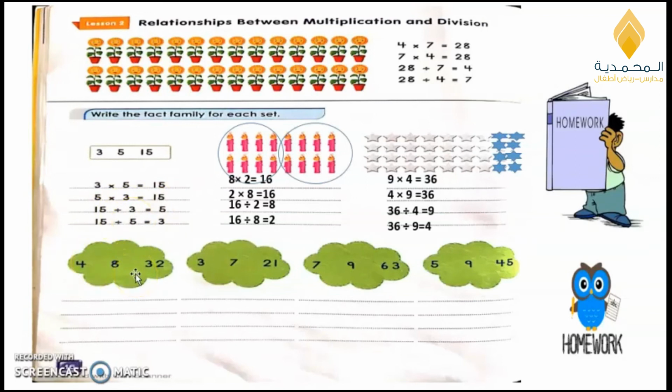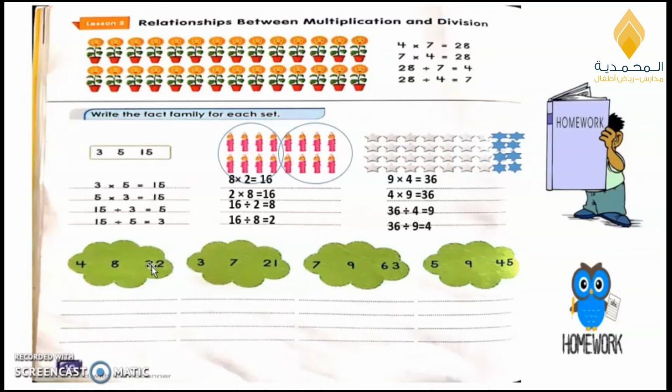So I will give you homework, students, to do these 4 questions. Yes, these 4 clouds. I want to give you a hint again. These are 3 numbers, 4, 8, 32. Try to multiply 4 times 8. It will give you 32.